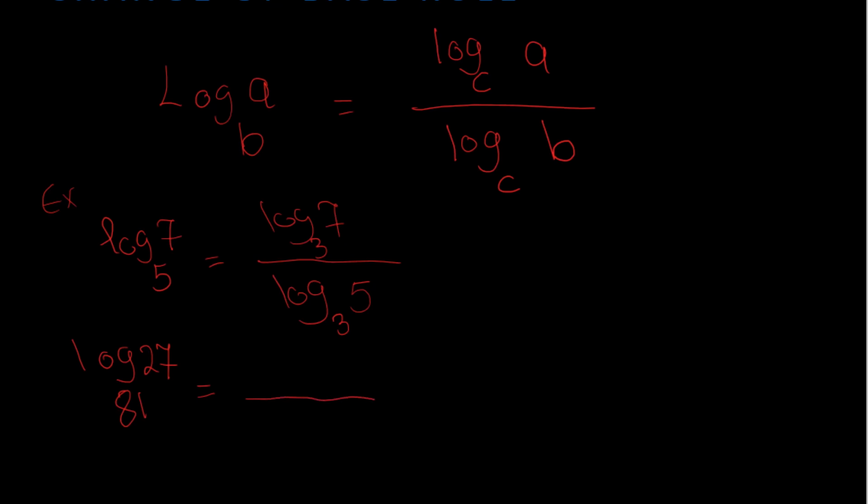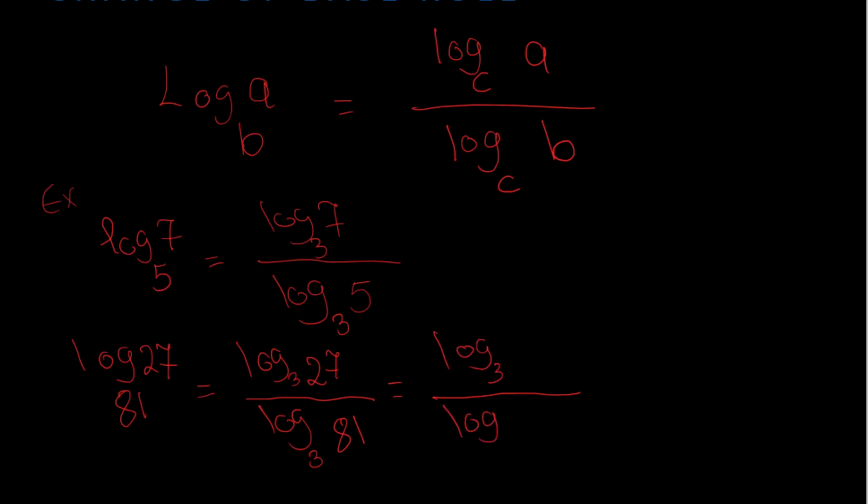So we said this is equal to log of 27 over log of 81, and I could put, for example, base 3. And I will think about what 27 is as an exponent of 3. I will find it is 3 to the power of 3, and 81 is 3 to the power of 4.